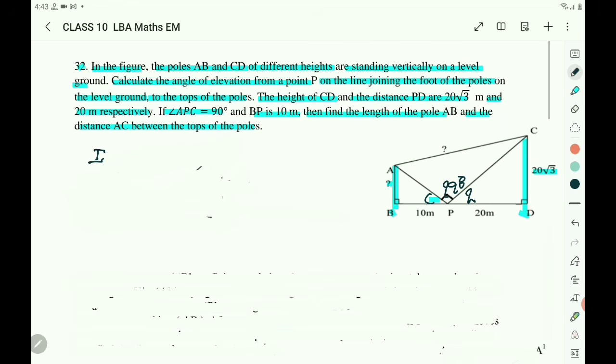In the right angle triangle CDP, D is right angle here. Tan theta you write, for this theta, equals opposite side CD by adjacent side PD. CD by PD.